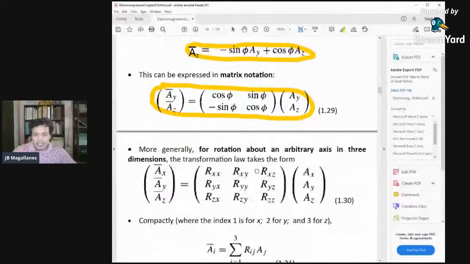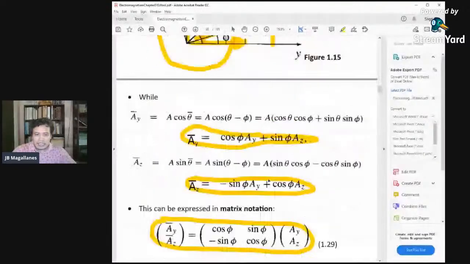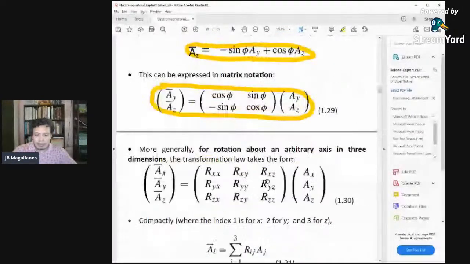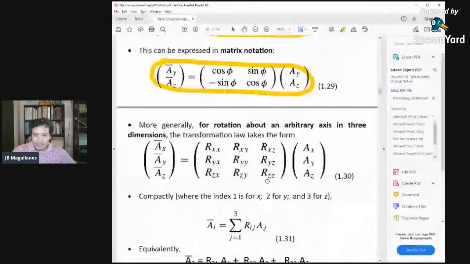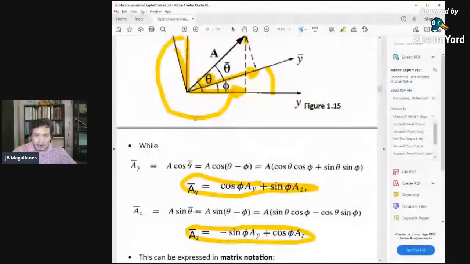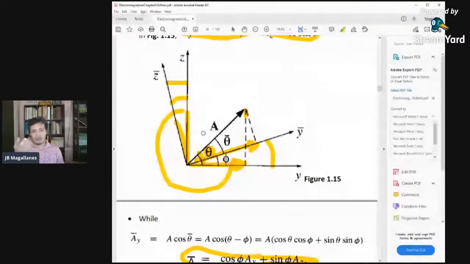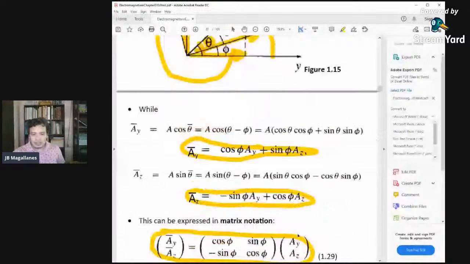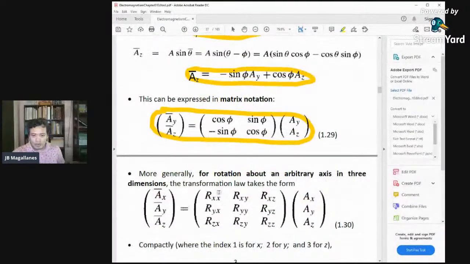In this case, because you're only rotating on the x-axis, your AX bar is just equal to AX. So for 3 dimensions, this is just equal to 1, because AX times RXX should be equal to AX bar.